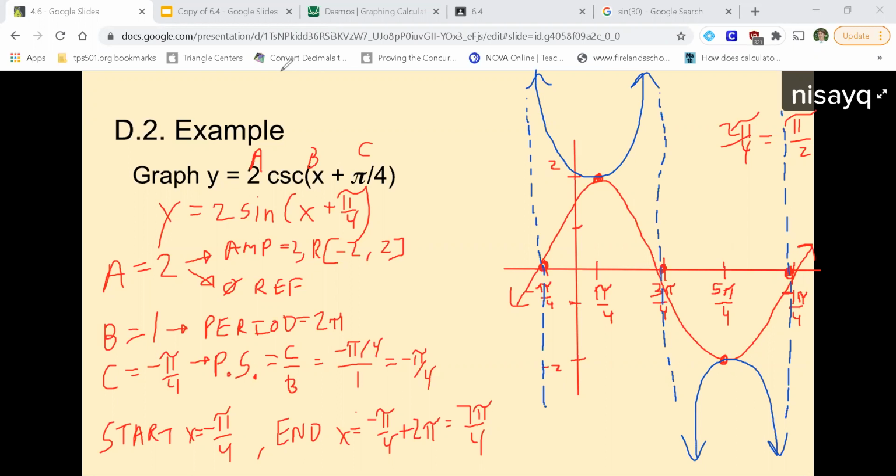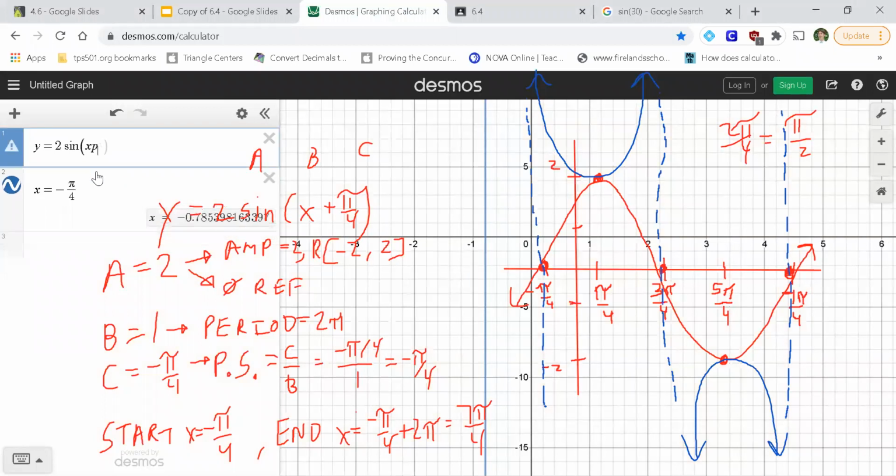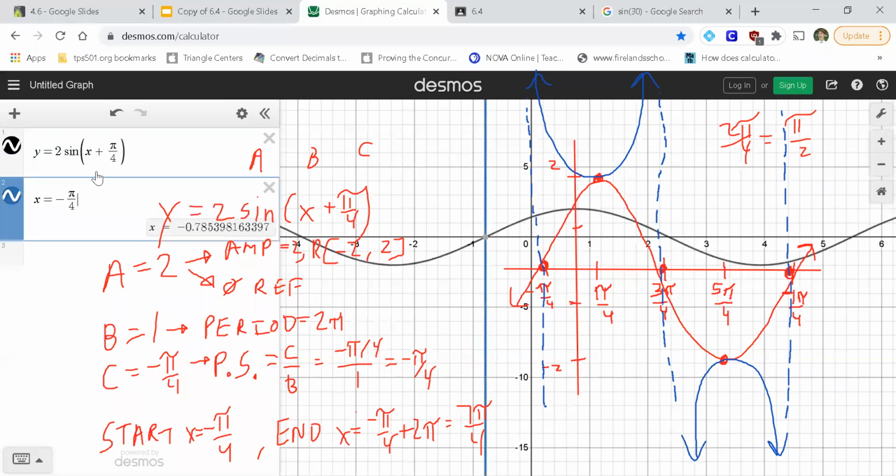And again, ultimately at the end of the day, if you're like, I don't know if I could do that by hand, you could always go to Desmos, the graphing calculator, and graph it to confirm that you really did do it right.